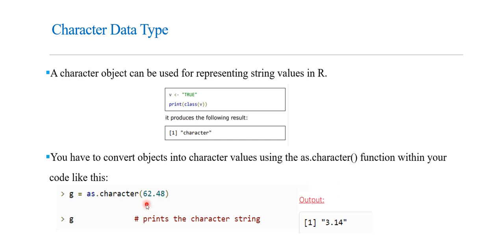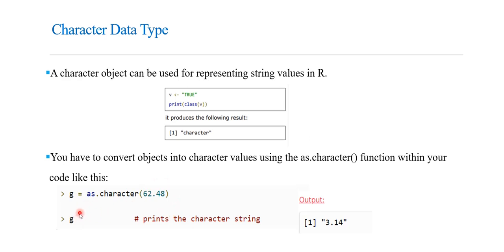Here you can see that whenever you use as dot followed by the data type, whatever data you are giving will be converted to that data type. In this example, as.character of 62.48. 62.48 is a numeric data type. Since we are using as.character, this numeric data type will be converted to character data type.